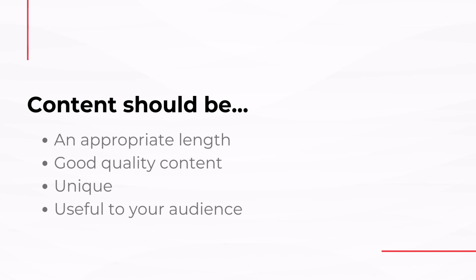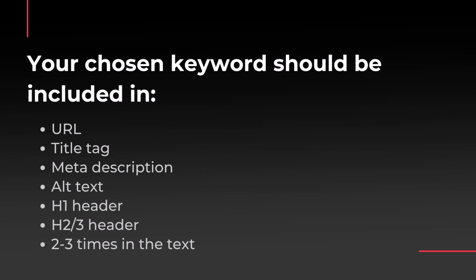Make sure everything you create has a clear intent and that you manage to get that across in an appropriate length. Your chosen keyword should be included in your URL, title tag, meta description, alt text, H1 header, H2 and H3 headers, and 2 or 3 times in the text.